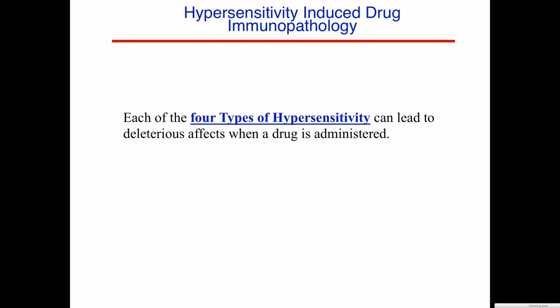Almost all drugs, whether it's a lotion, a drug that's taken IV, or a drug that's taken orally, have the potential of initiating a hypersensitivity reaction, and that reaction can be quite life-threatening, or it can be mild to manageable. It just depends on the use of the drug, and how much of that response you can put up with that would make the drug still valuable.